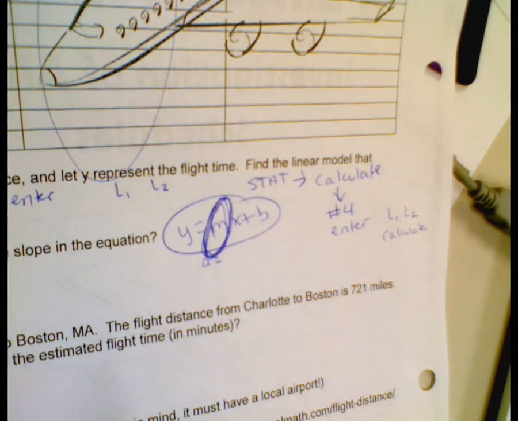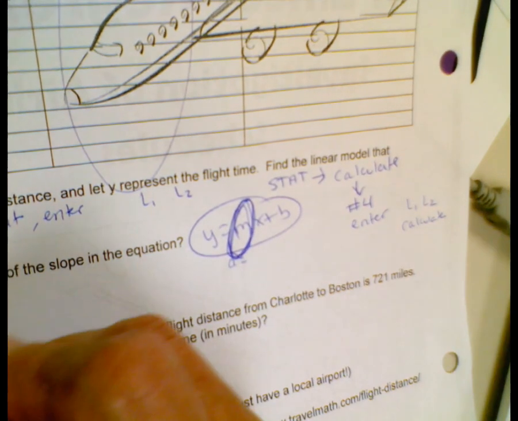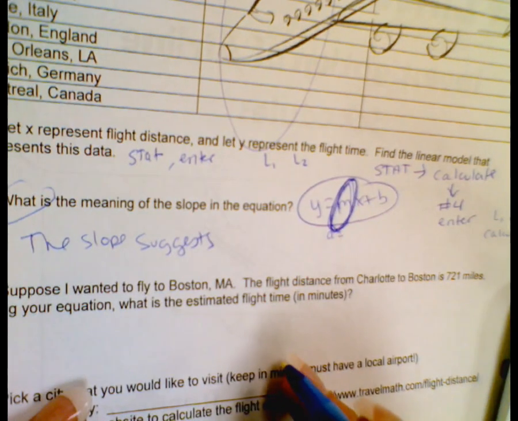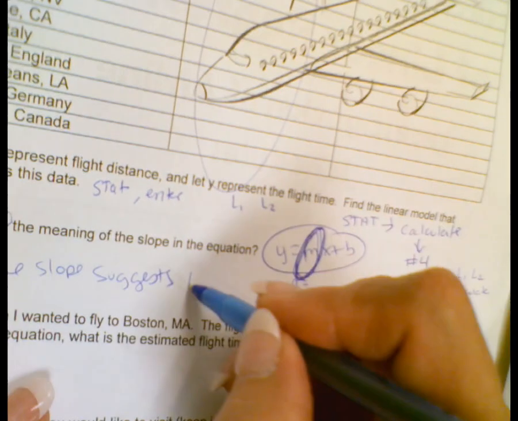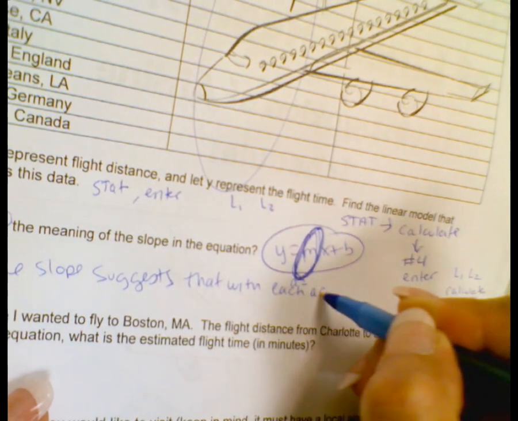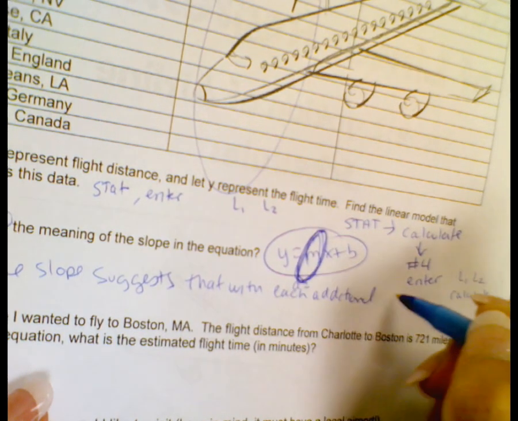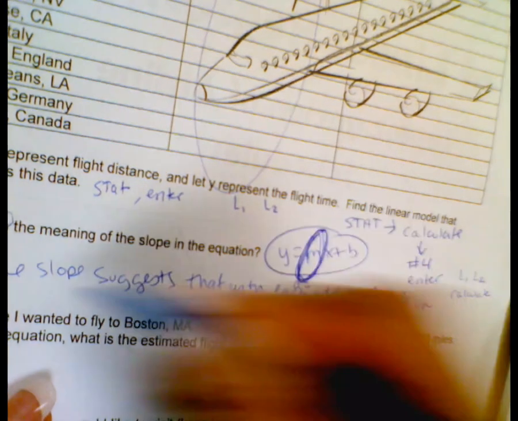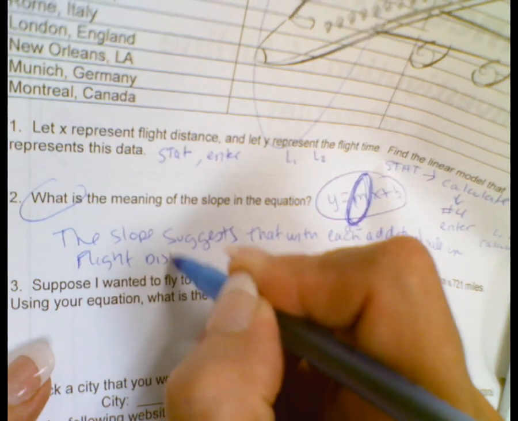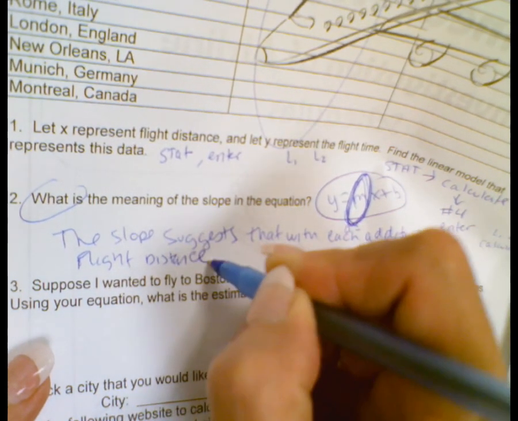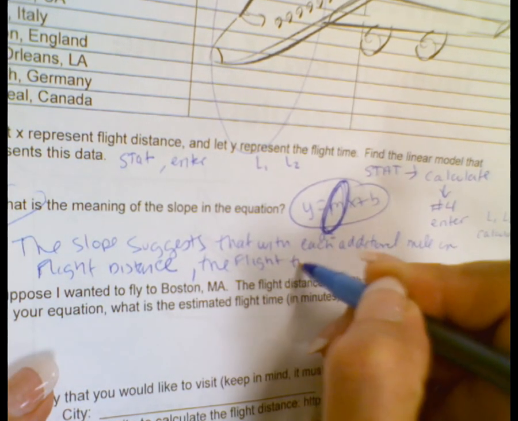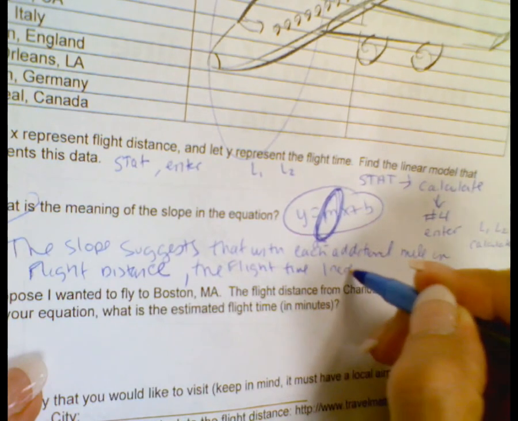You're going to want to say something like, the slope suggests that with each additional mile in flight distance, the flight time increases by what?